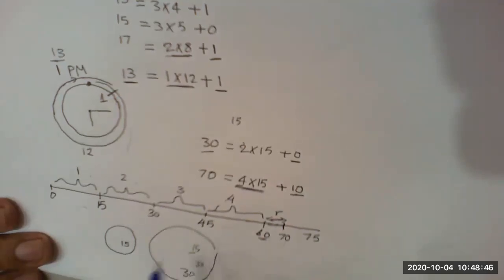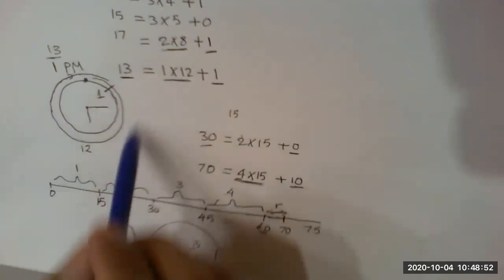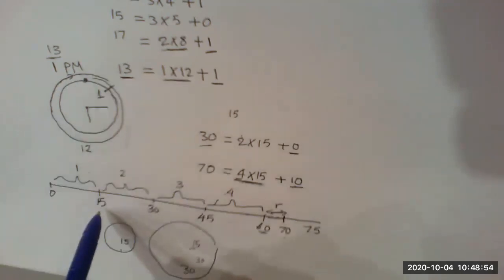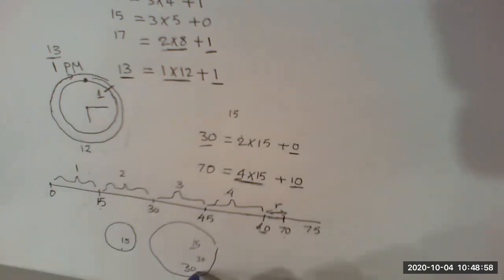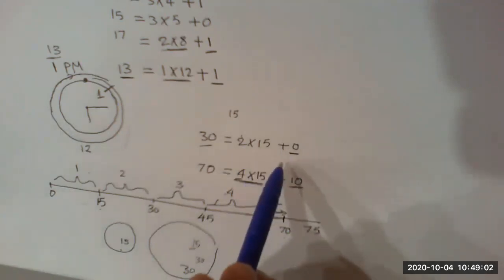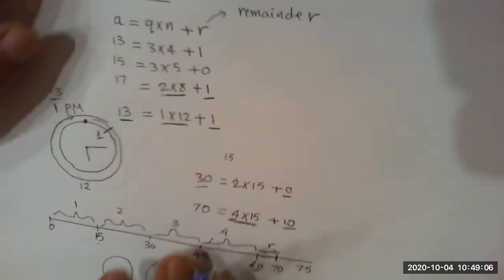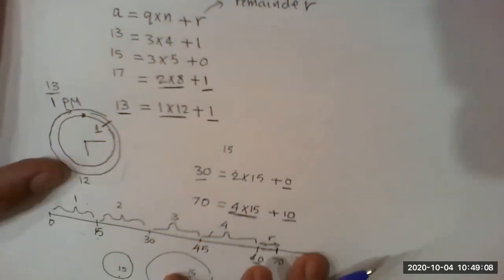So the condition is 15 here, right? Yeah, it's 15. So the cycle value is 15. But if the cycle value is 30, this is going to be 2 multiplied by 30 plus 10.